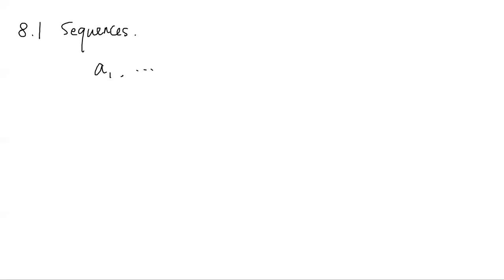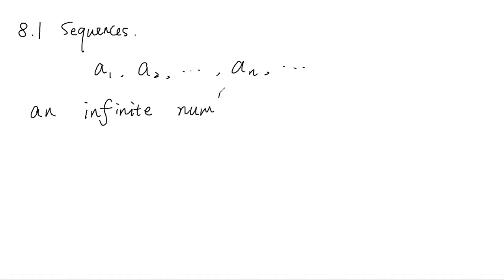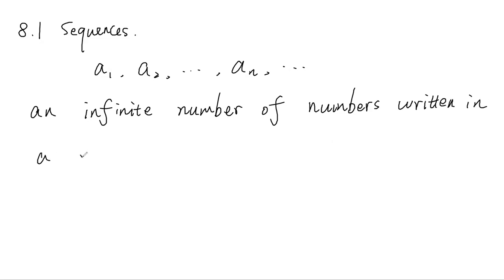Basically you have a bunch of numbers a1, a2, and an, and there's an infinite number of numbers in this list, and they're written in a definite order. And this is a sequence.